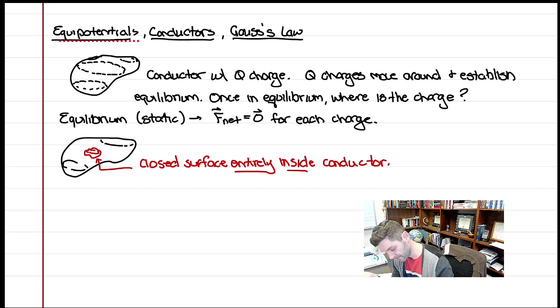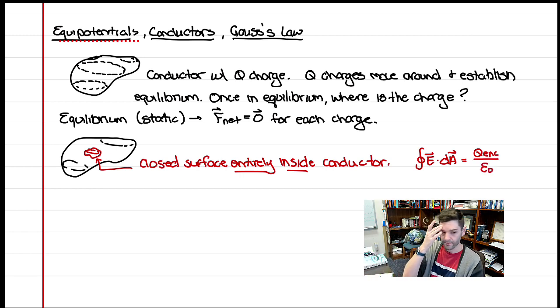Since it is a closed surface, I know that by Gauss's law, if I calculate the flux through that little red surface I've drawn, that better equal the amount of charge that's inside that little red surface divided by epsilon naught.